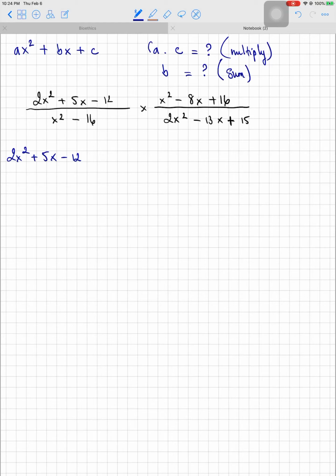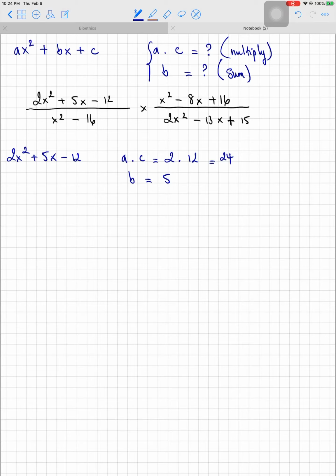And remember this up here: a multiplied by c. So a is gonna be 2, and c is 12. We have 24. B is 5.